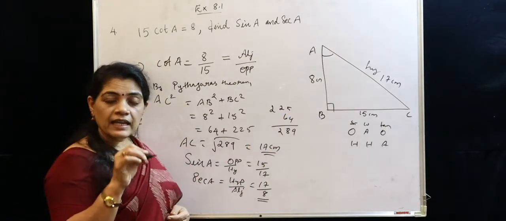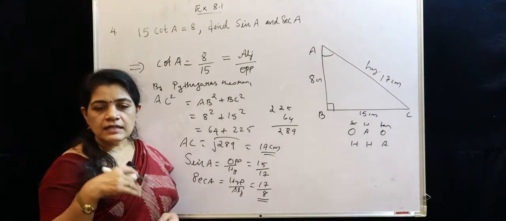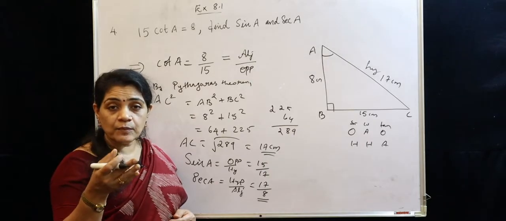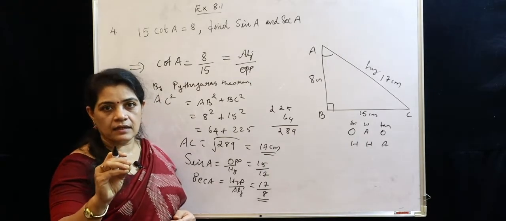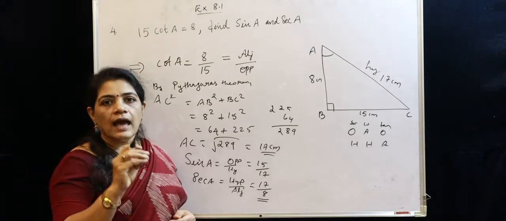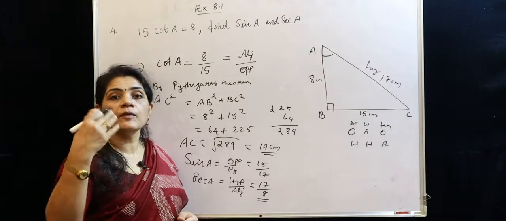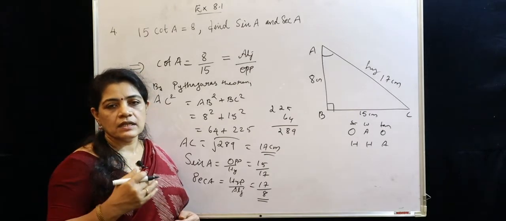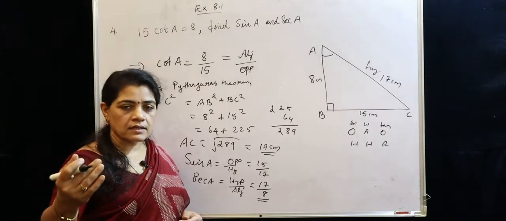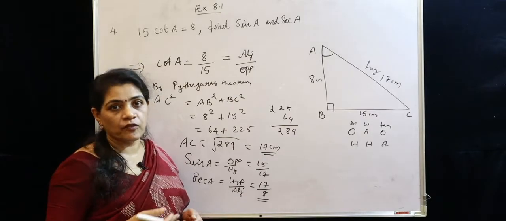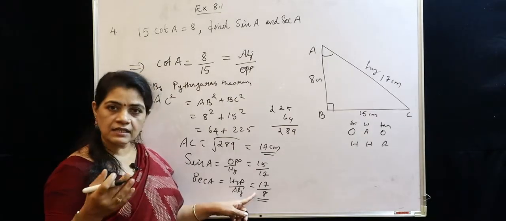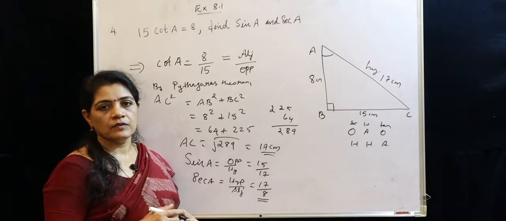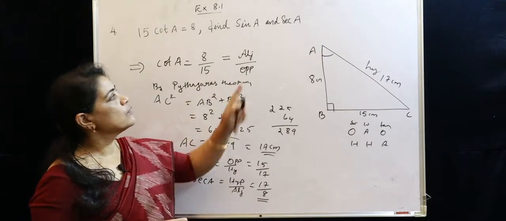Sin A and cos A are proper fractions; in the same way, their reciprocals, cosec and sec, have the hypotenuse as numerator, which is always greater than the opposite side, and in case of sec, the adjacent side. So it will be an improper fraction. That means the numerator is always greater than the denominator in case of cosec and sec. Okay, so this is all about the 4th question.